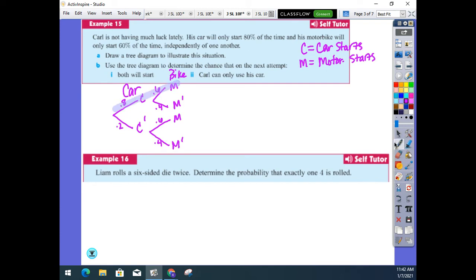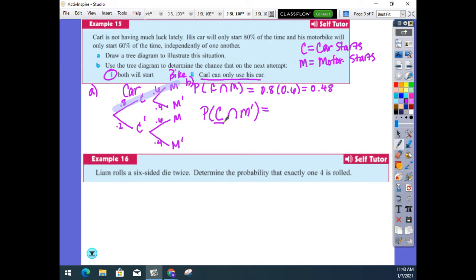So this is that both the car and the motorbike start. Let's write it this way: probability car and motorbike starts. This one here will be 0.8 times 0.6, for a probability of 0.48, 48 100ths. So this is letter A. Letter B: Carl can only use his car, so that's the car starts and the motorbike does not start.